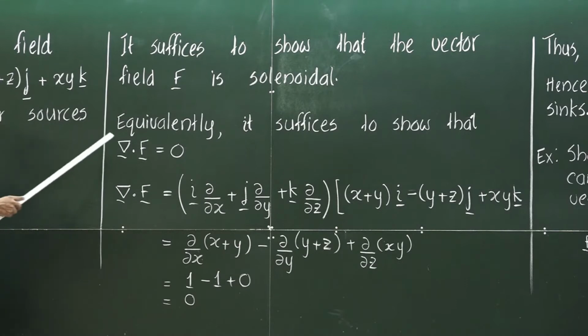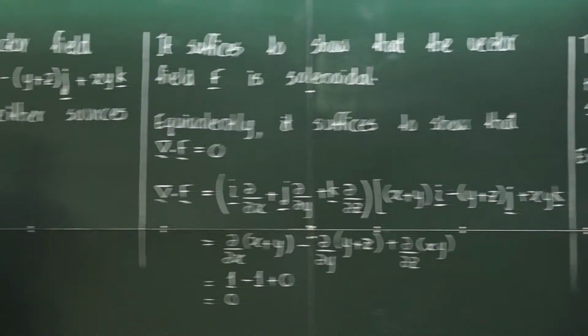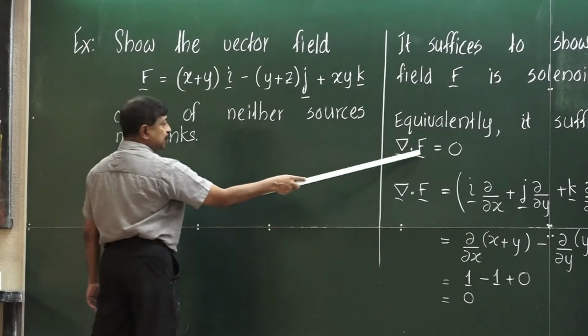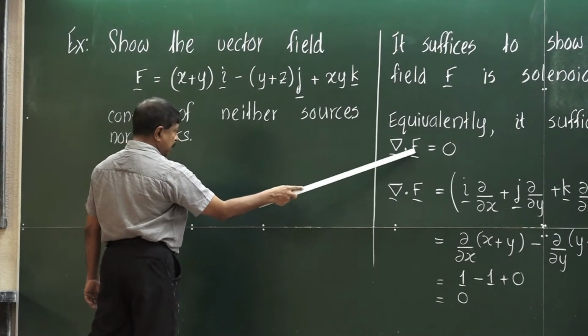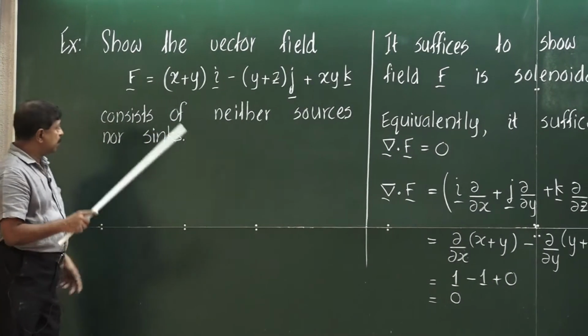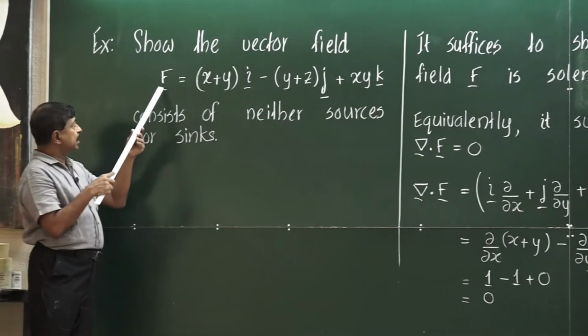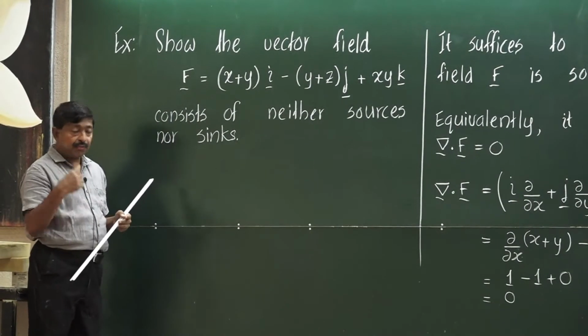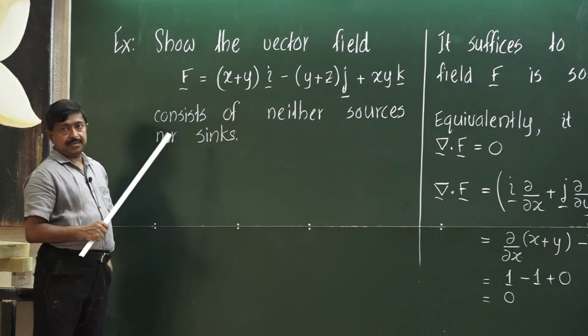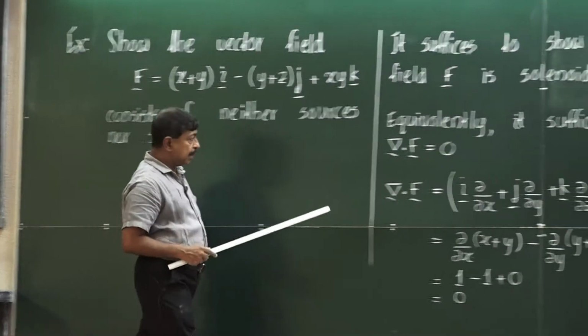That means this is equivalent to this one. If we show that div f is equal to 0, that implies that the vector field f consists of neither sources nor sinks. So, let us see how we do that.